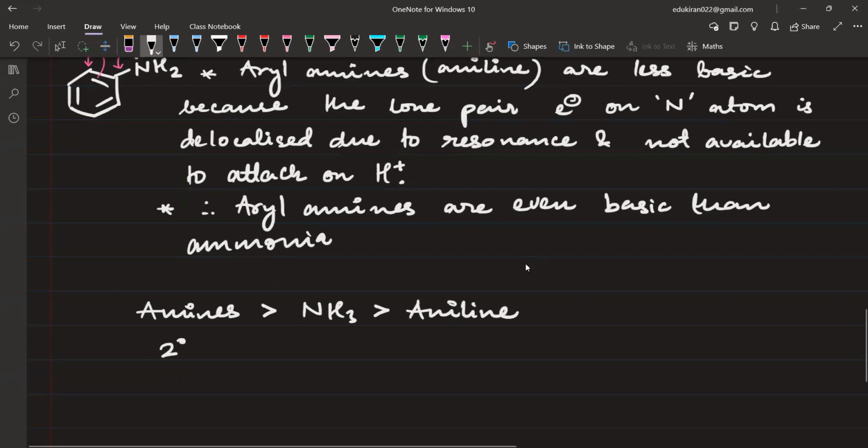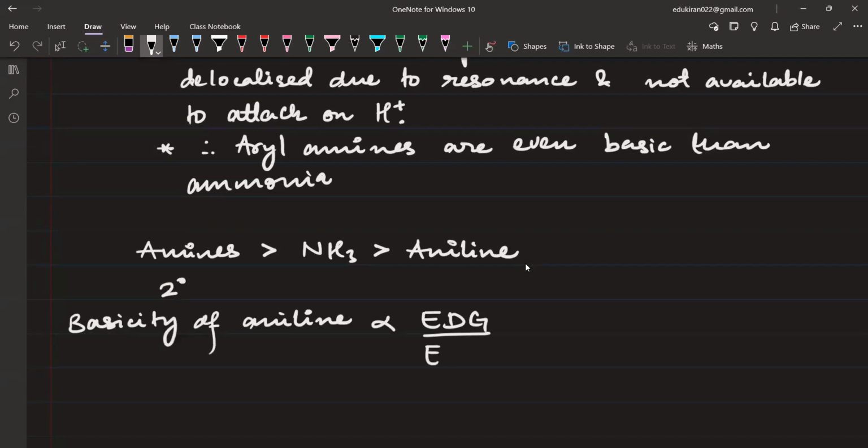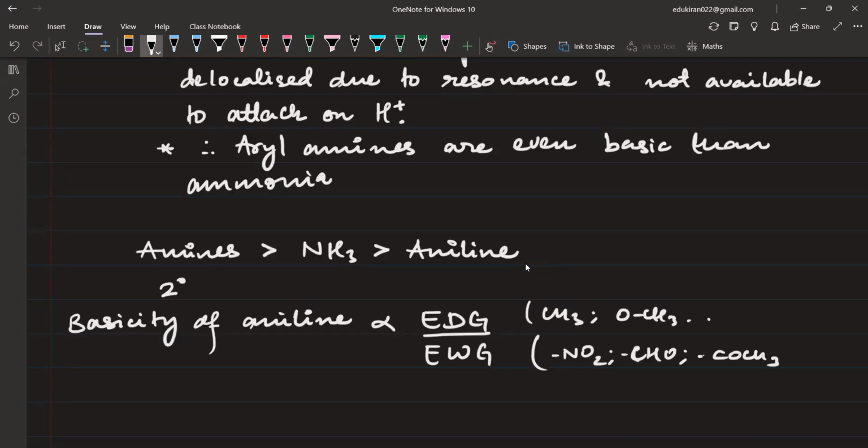Now, regarding aniline, we can also write one more point: basicity of aniline is directly proportional to electron donating groups, and inversely proportional to electron withdrawing groups. Electron donating groups such as CH3, OCH3, etc. Electron withdrawing groups such as NO2, CHO, COCH3, these type of things.